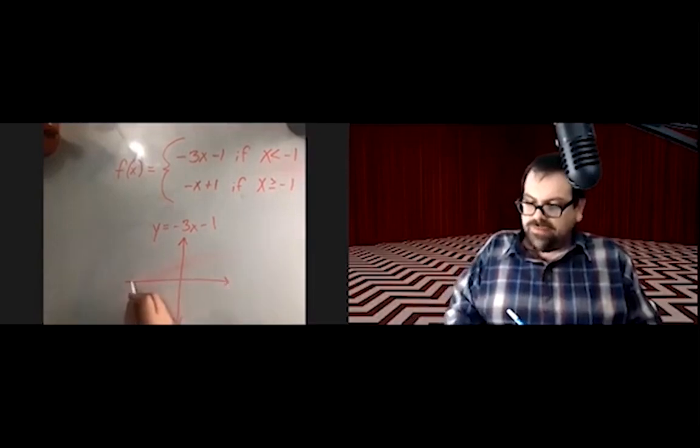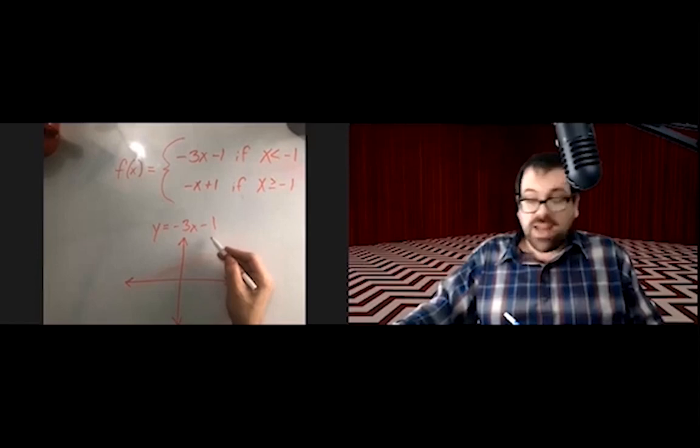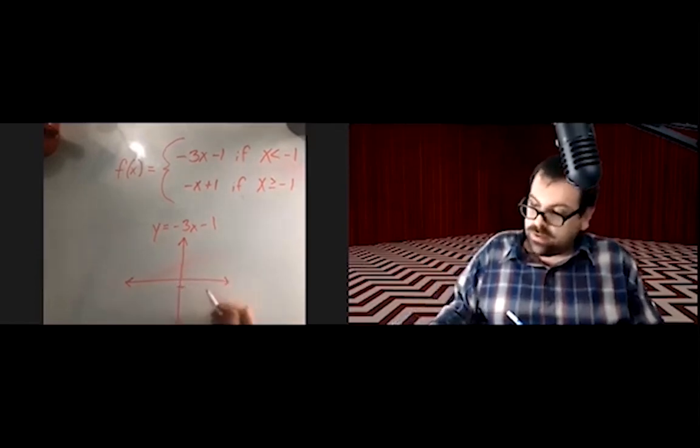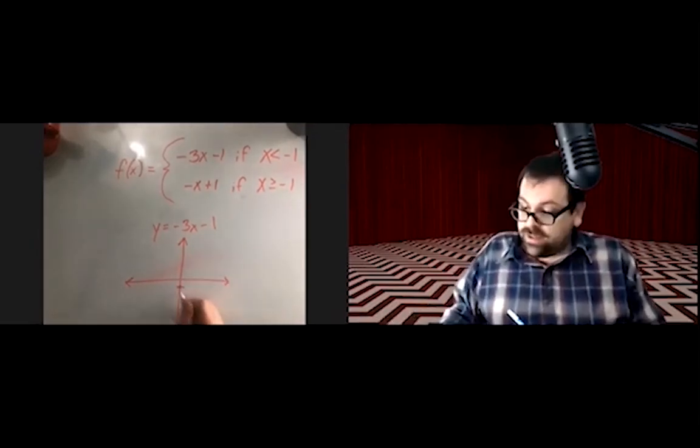If we had this graph, it would have a y-intercept of negative 1. So that would be a point. And then a slope of negative 3. Down 3, right 1.